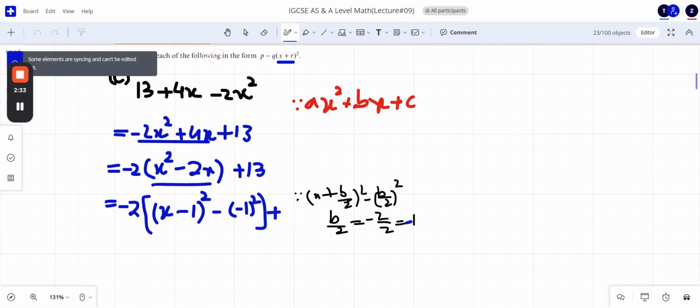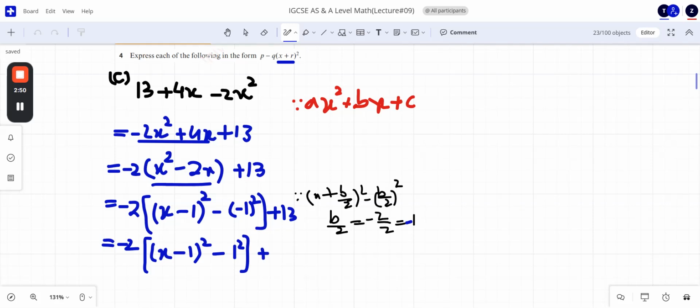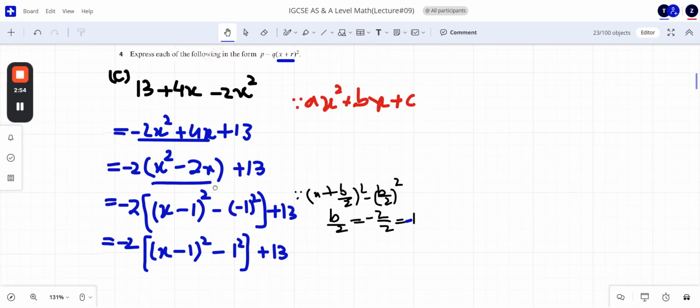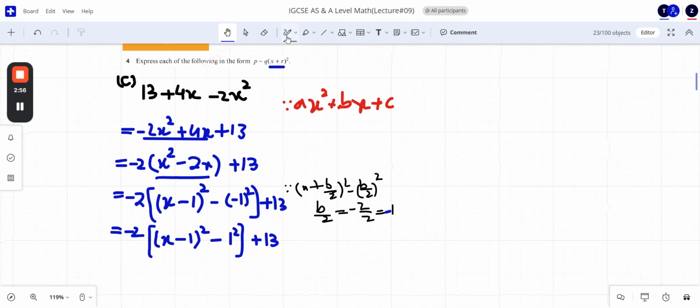After that plus 13. Now here minus 2 we will keep the same again, x minus 1 whole square, then minus 1 square plus 13. Now 1 square will remain the same; any power of 1 is equal to 1.